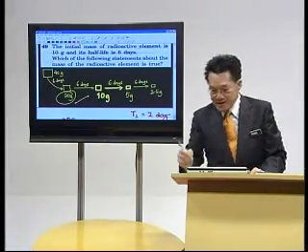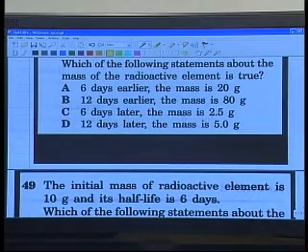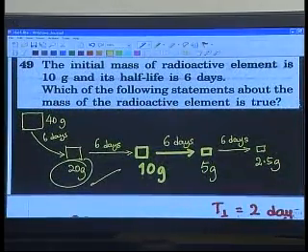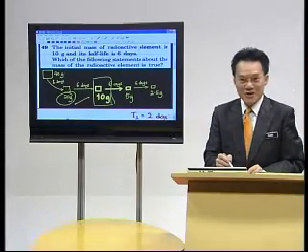Yes. And let us check the other answers. B, 12 days earlier, the mass is 80 grams. Okay, we started here. Don't forget. 12 days earlier, the mass is 80 grams. So we know that B is the wrong answer.